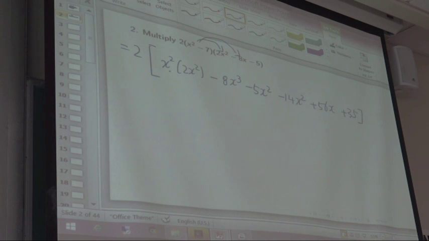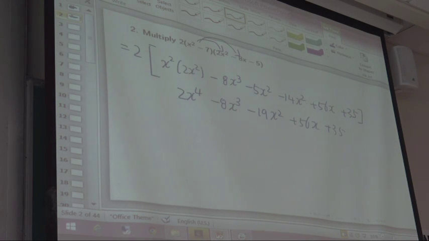So we have 2x to the 4, and x cubed, this is only x cubed, and we have x squared and x squared, so negative 5 and negative 14, so what do you get? Negative 19. And we have only one x term, and we have a 35.